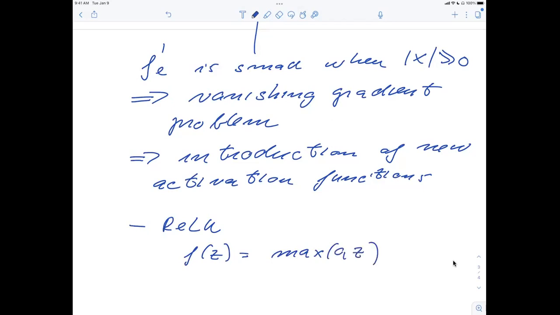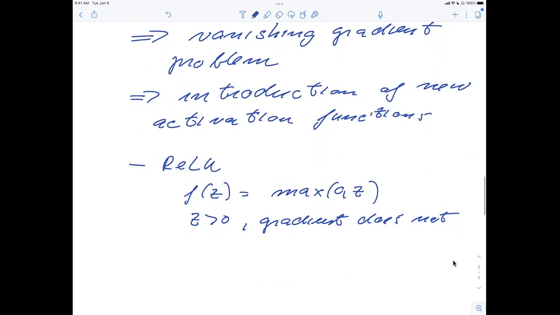Now for values of z larger than 0, the gradient does not vanish, because when you take the gradient, you just get a constant. The problem, however, is if the argument is less than 0, then you may have a vanishing gradient.